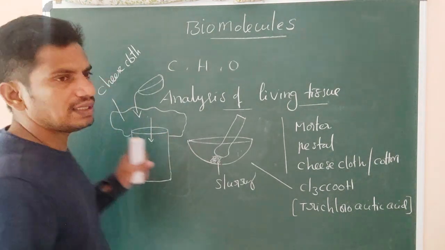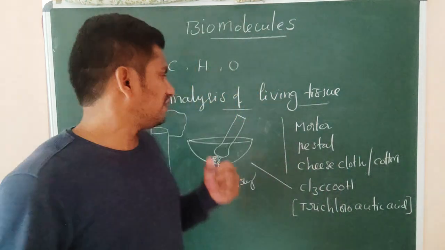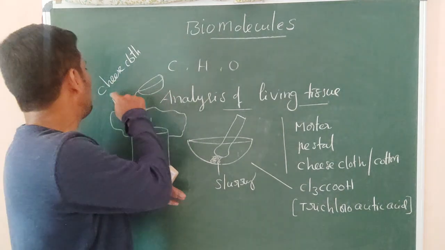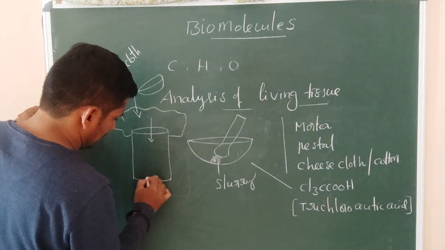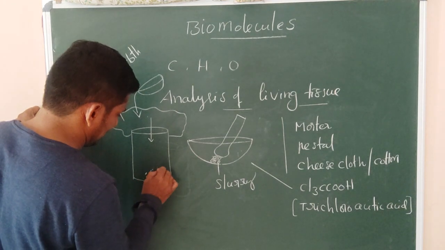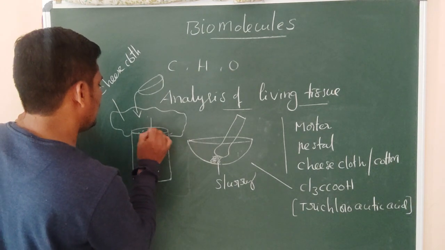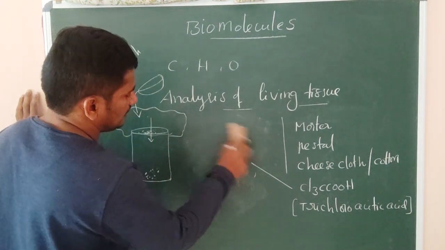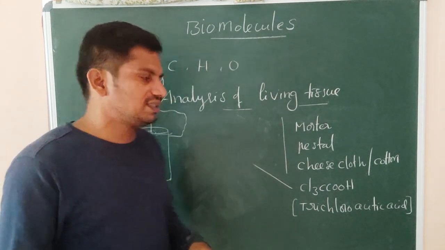While filtering, we get two fractions. After filtering this slurry material through the cheesecloth into the beaker, in the beaker we obtain one type of material, and over the cheesecloth we get the other type of material. After filtration we obtain two fractions.